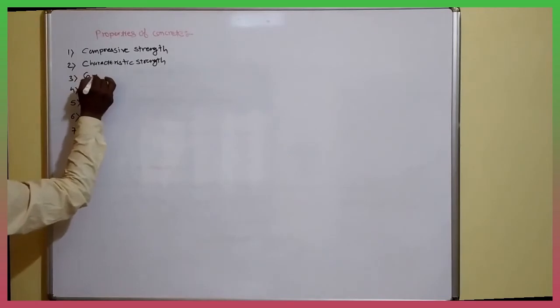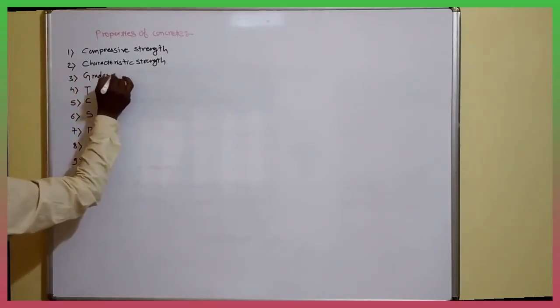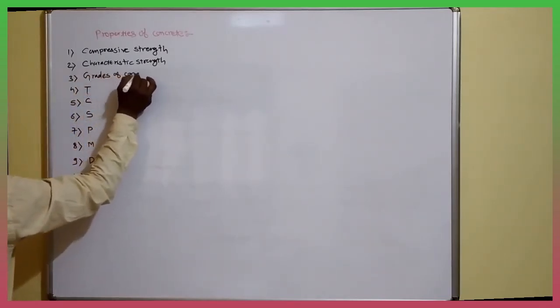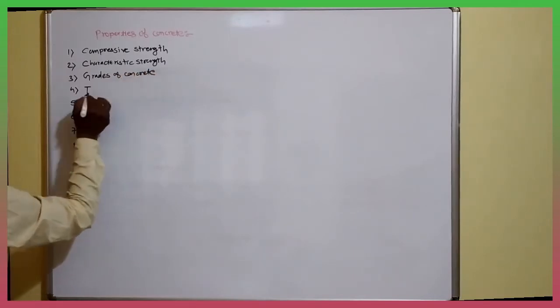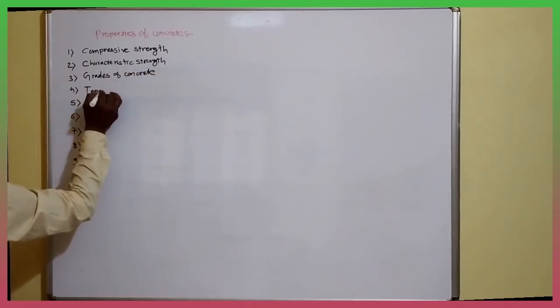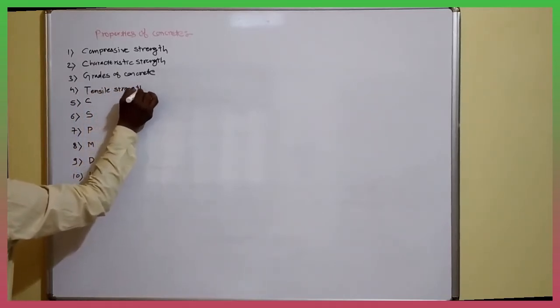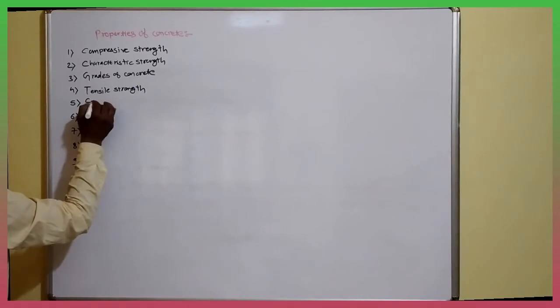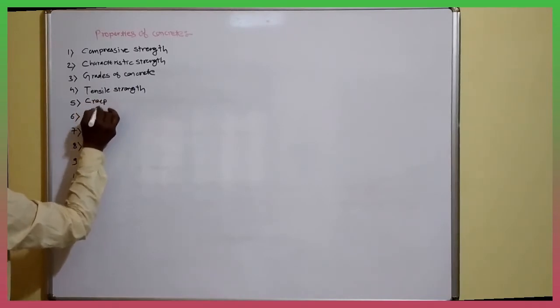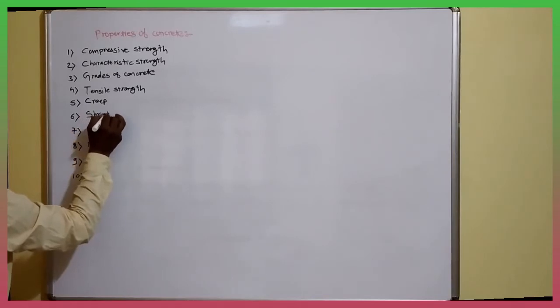G means grades of concrete. T means tensile strength. C means creep. S means shrinkage.